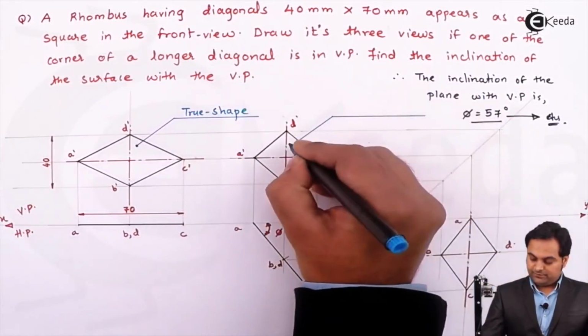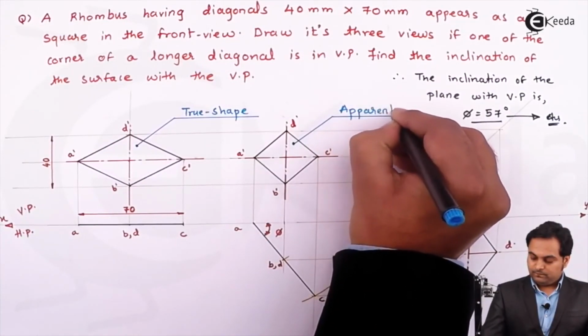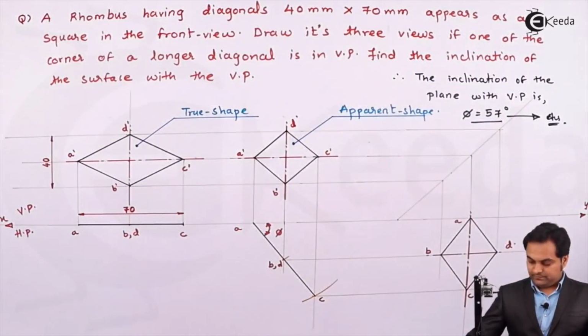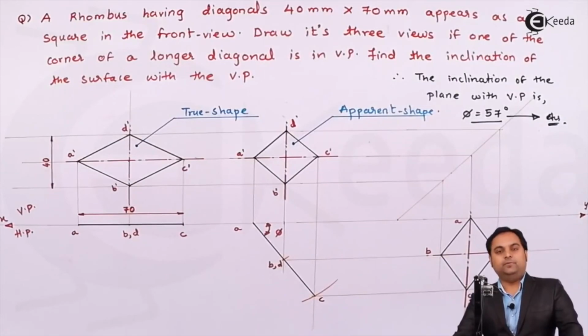This is the true shape. Here is the apparent shape. And with this, the problem is completed.